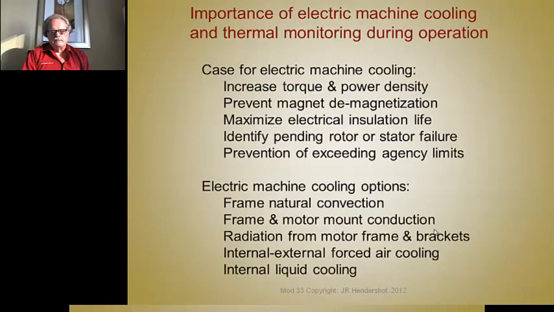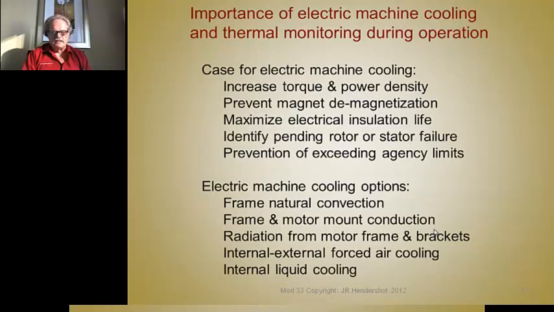The options for cooling electric machines are listed here. You can have natural convection on the frame. Natural convection gives you the lowest torque density, and then you get some cooling effect from the mounting conduction of the motor and the frame to the surface it's mounted to, and sometimes that's significant in certain machines.